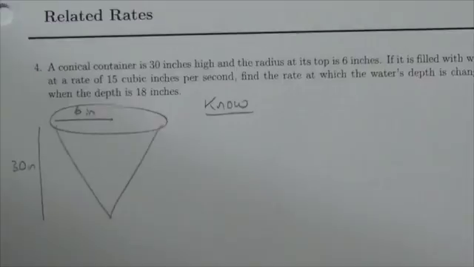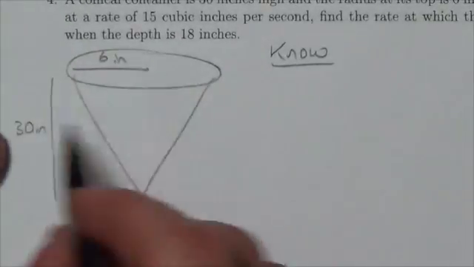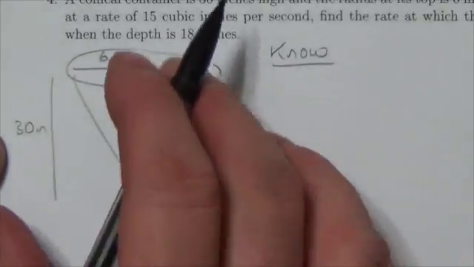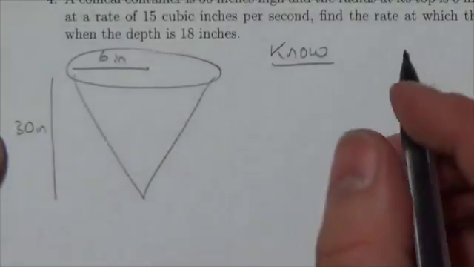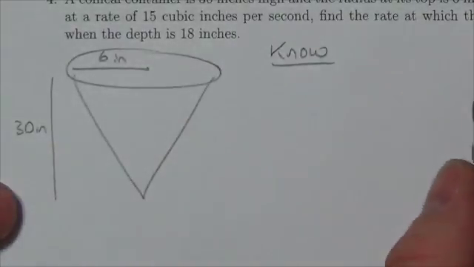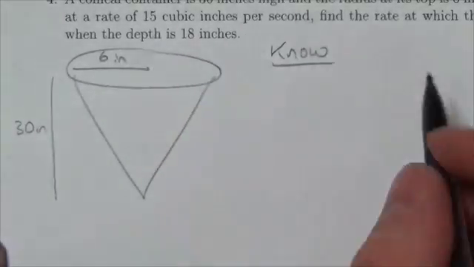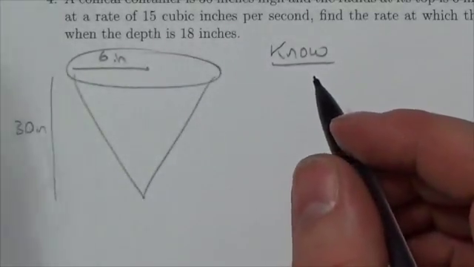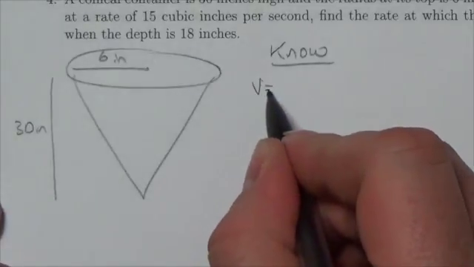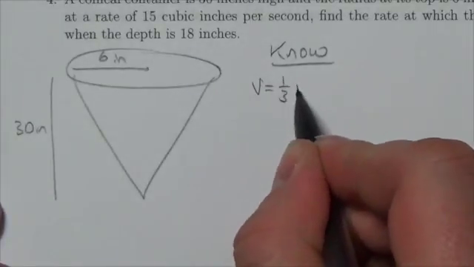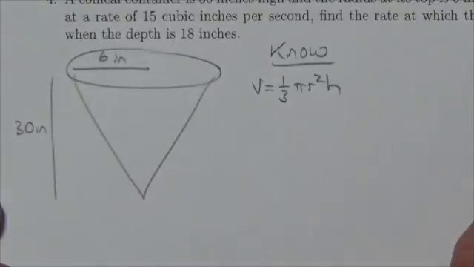I'm going to zoom in just a little bit. We'll come back to this in just a second to discuss why that's significant. We are looking at it being filled with water at 15 cubic inches per second. Now, we're talking about the volume of the cone here. Well, I know that the volume of a cone is 1/3 pi r squared h.